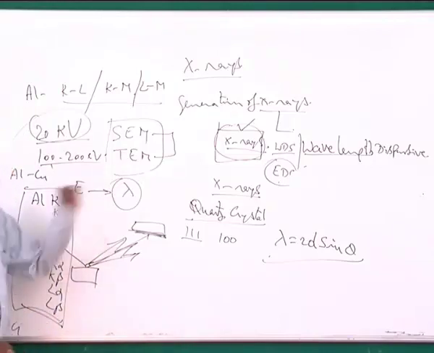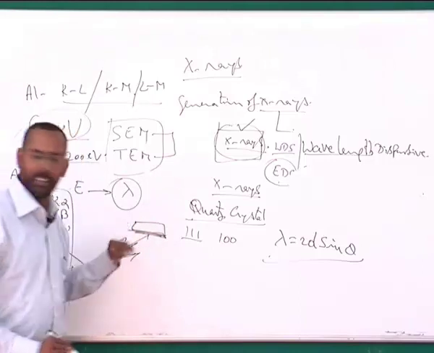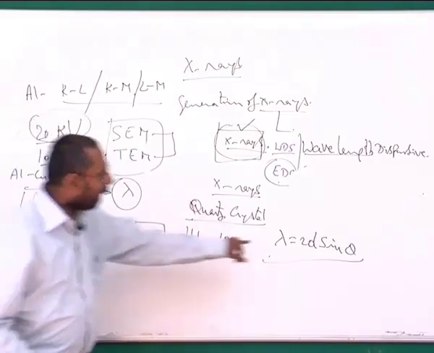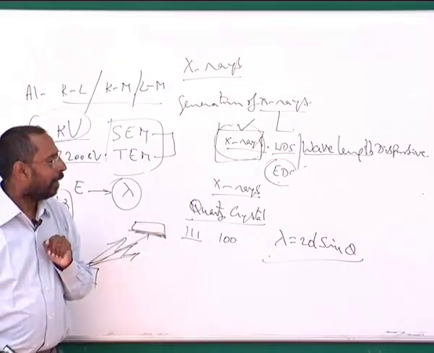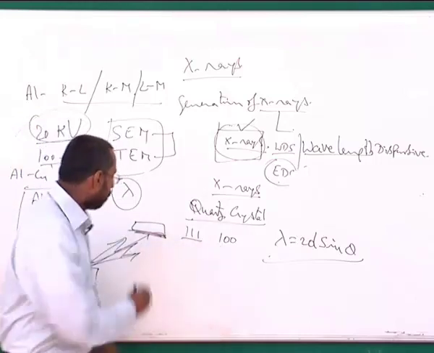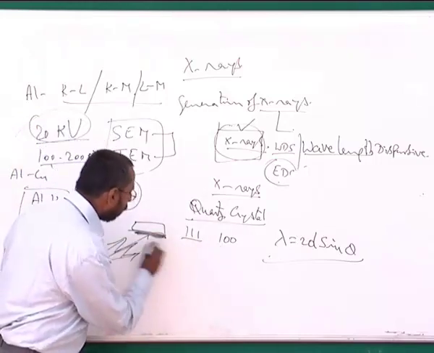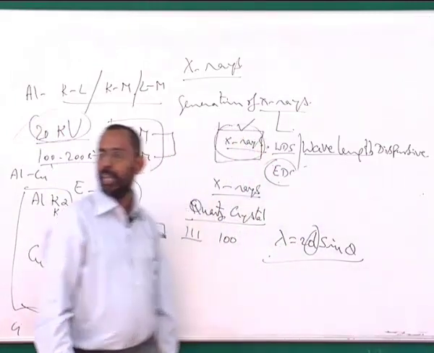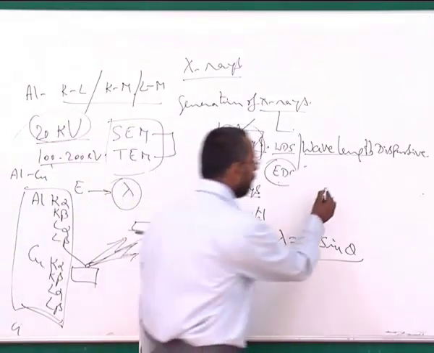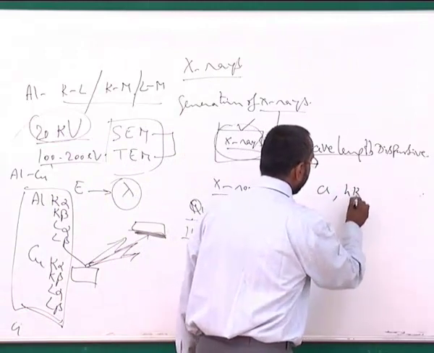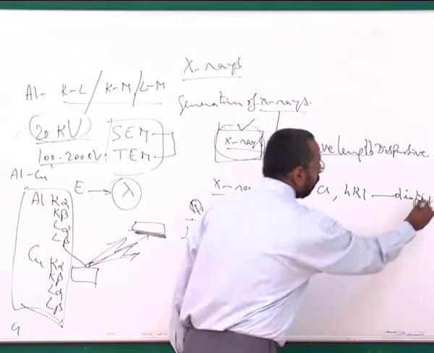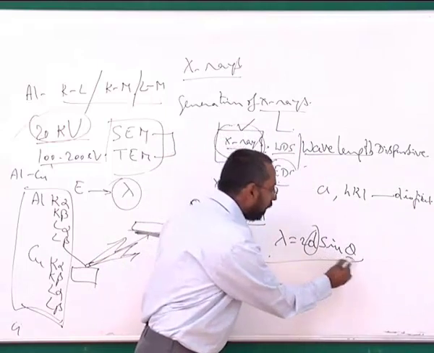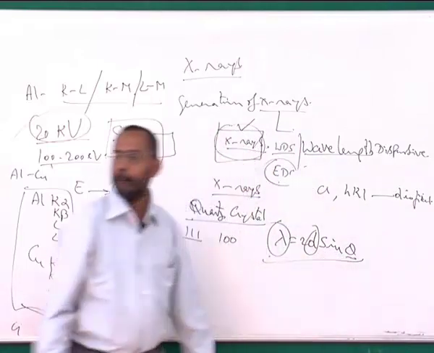If they are all falling on this single crystal, from Bragg's law I can say that for a given crystal of a particular orientation, the d is fixed. d is the interplanar distance. So once my crystal and hkl are fixed, then d is fixed. If d is fixed, then theta depends only on lambda.